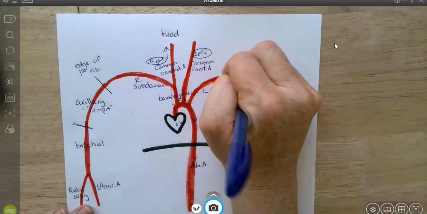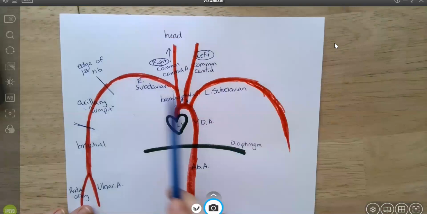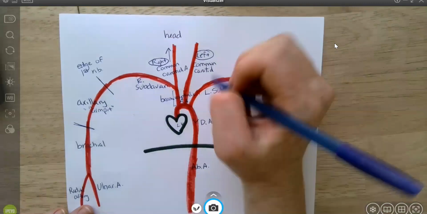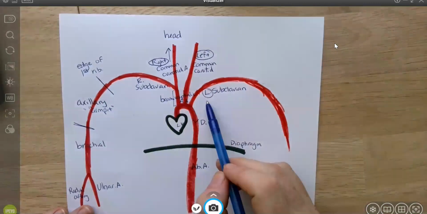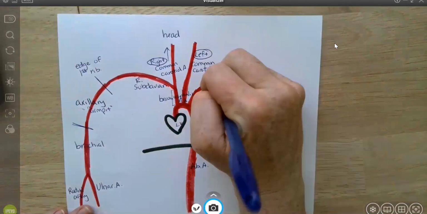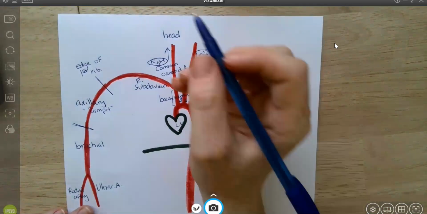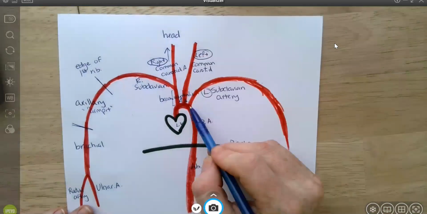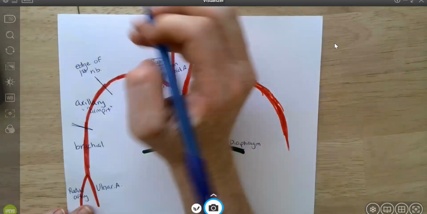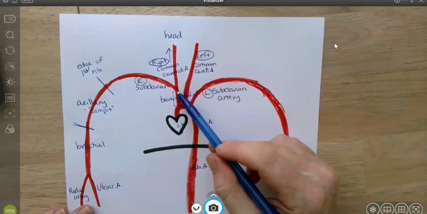And again, because it is not symmetrical between right and left, you have to designate left. So the full thing that you would write out is left subclavian, and don't forget to say artery. Okay, left subclavian artery, which comes directly off of the aortic arch, whereas the right subclavian artery is coming off the brachiocephalic artery right there.